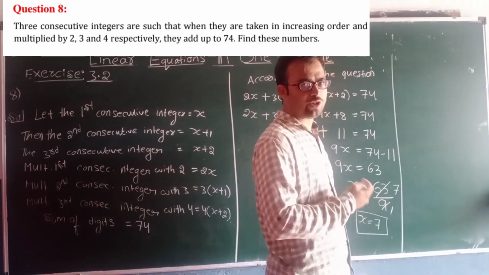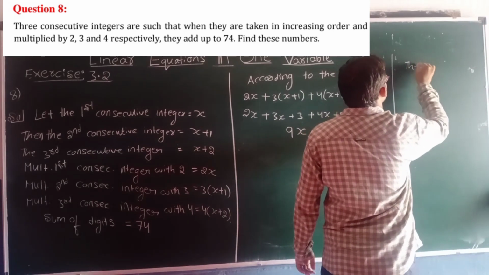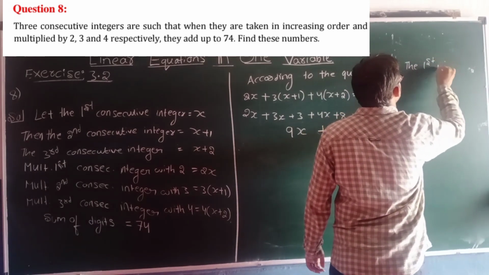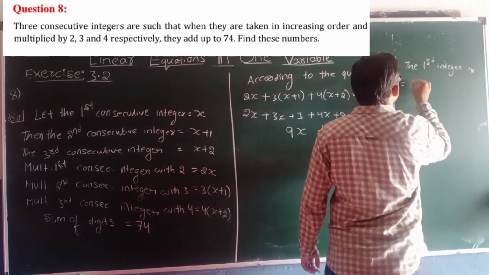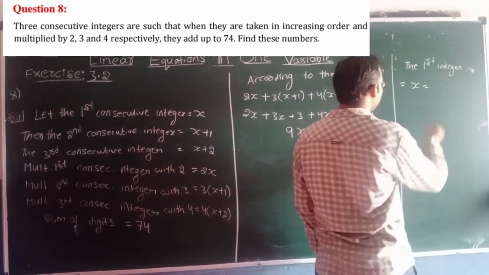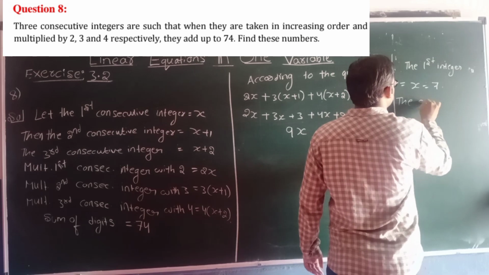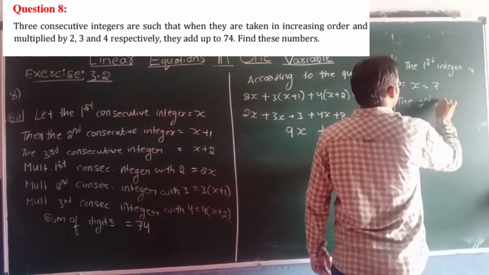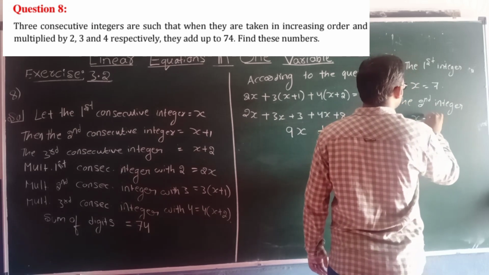Students, now we need to find the consecutive integers. Therefore, the first integer equals to, what is the first integer? x. That is x is equals to 7. The second integer is equals to x plus 1.